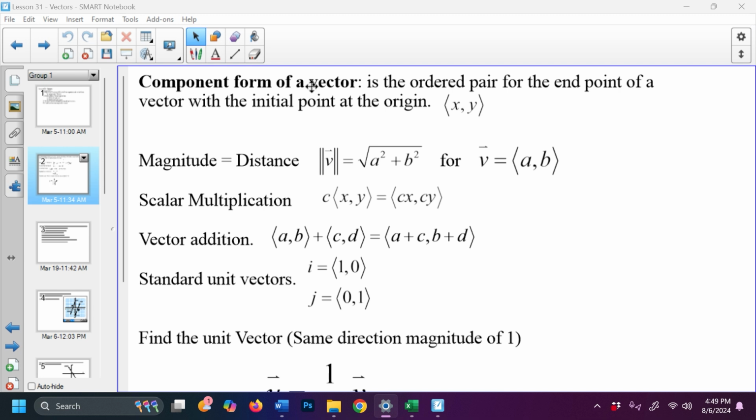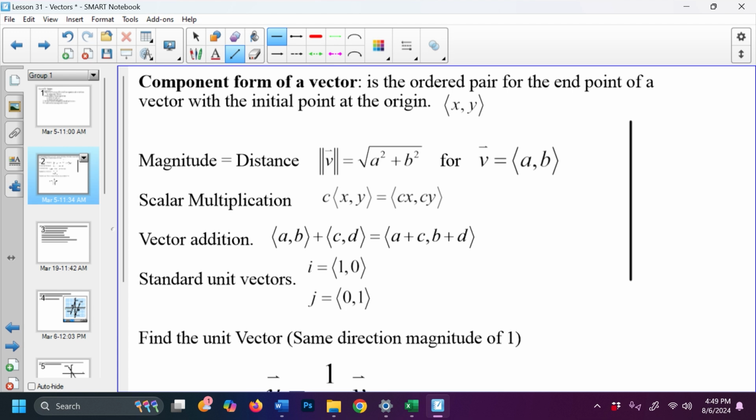Okay, let's start with the definition. The component form of a vector is the ordered pair for the endpoint of a vector with an initial point at the origin. So when you are given this bracket, this little arrow looking bracket, x, y, they are saying that is a vector that starts at the origin and ends at (x, y).